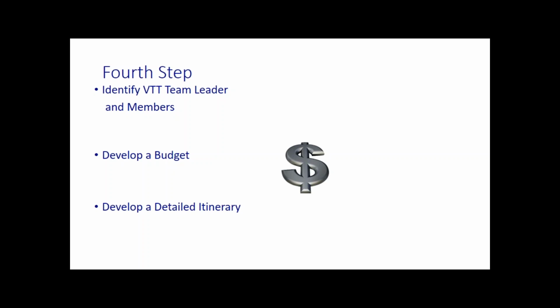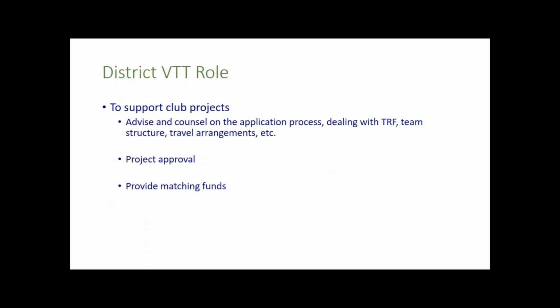So then you develop a budget, and you do that in conjunction with the NGO you're working with, the host partner, and your own research, which is basically what ended up happening with my community grant. I did all the research for it. And develop a detailed itinerary. The district VTT role is to support the club projects, give advice and counsel, which apparently is me since I've done one now.